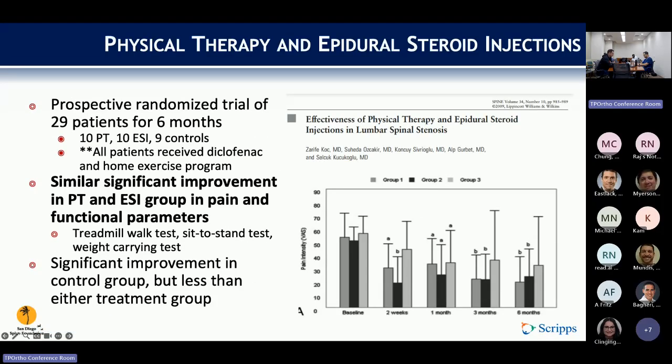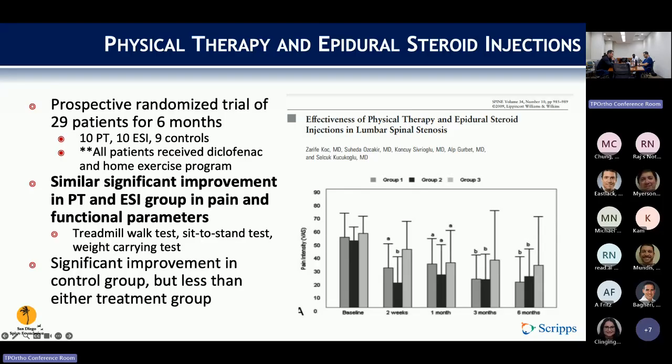And this was a study looking at the efficacy of physical therapy and steroid injections. It was a prospective randomized trial of 29 patients for 6 months, and they broke patients down into groups that got PT, injections, or age-matched controls, with the caveat that all the patients actually got a home exercise program and anti-inflammatory medications at home as well.